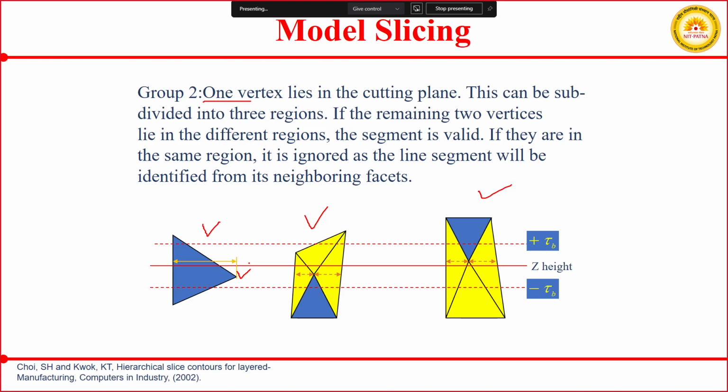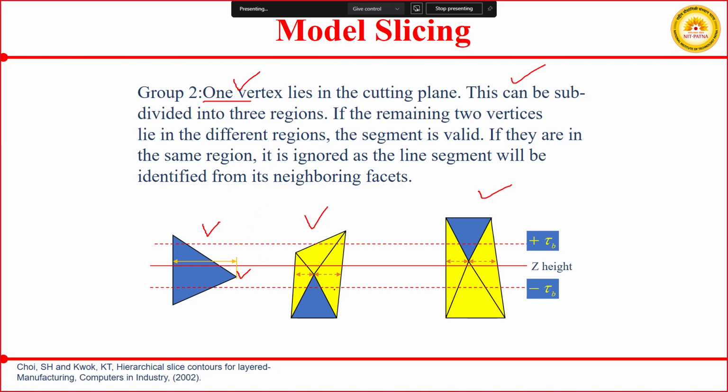So this is the case where at least one vertex is lying in the cutting plane, and this can be subdivided into three regions. If the remaining two vertexes lie in different regions, the segment is valid. If they are in the same region, it is ignored.